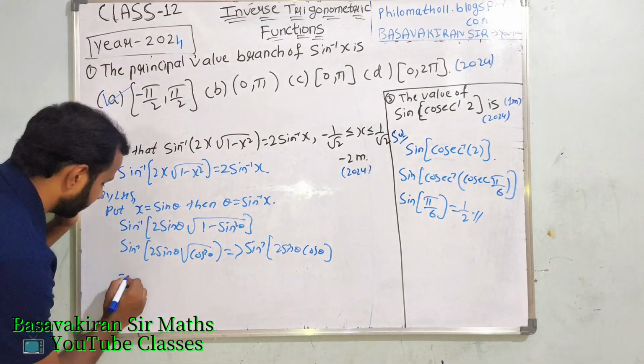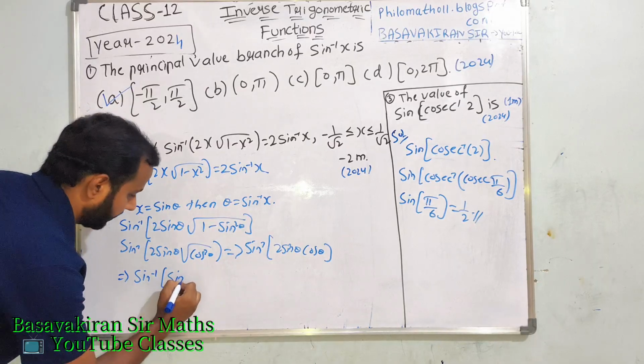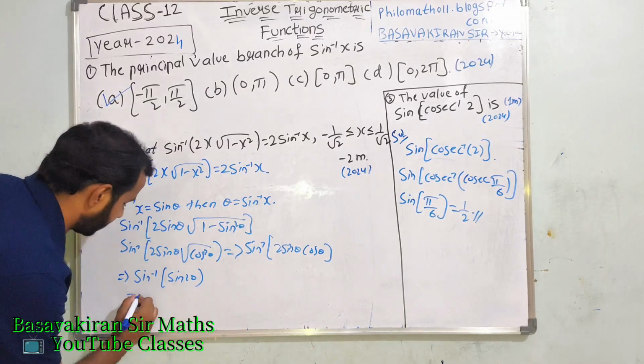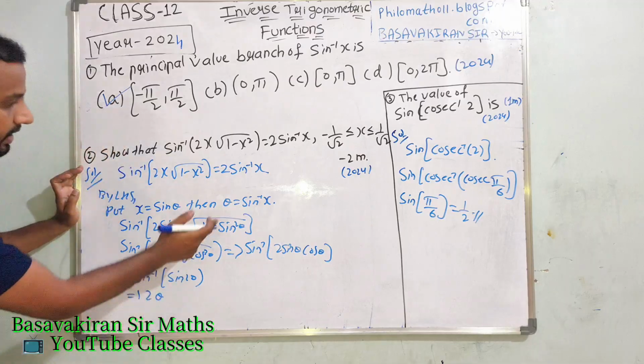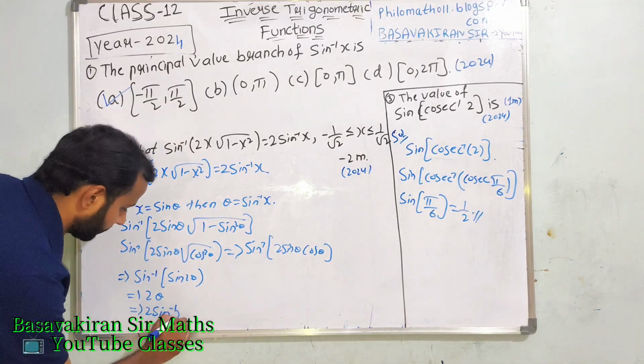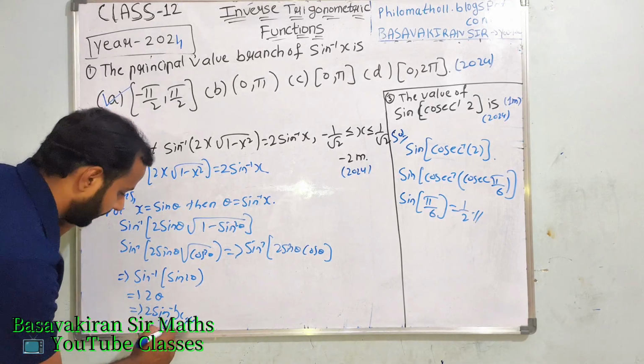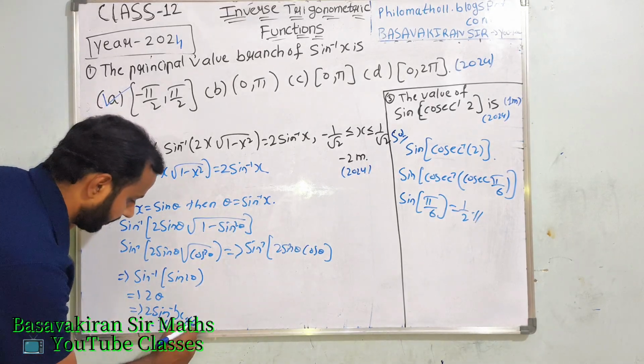Sin 2 theta. Sin inverse of sin 2 theta, sin inverse and sin get cancelled, left with 2 theta. What is the theta value? Theta is sin inverse of x. So 2 sin inverse of x, right? Therefore LHS equals RHS.